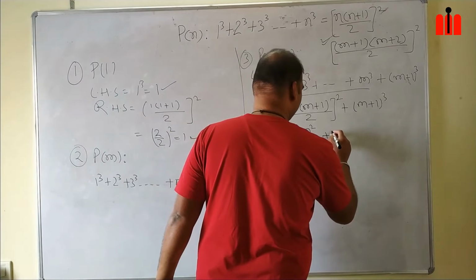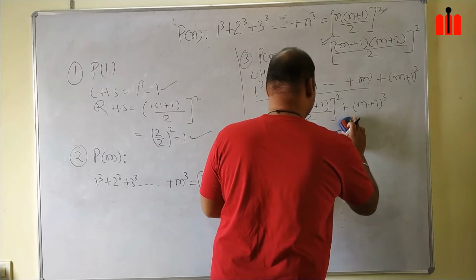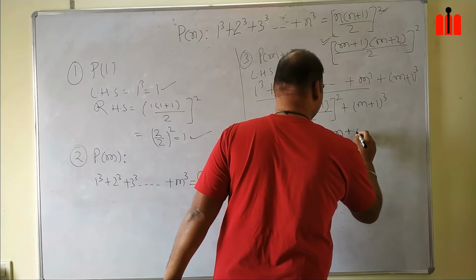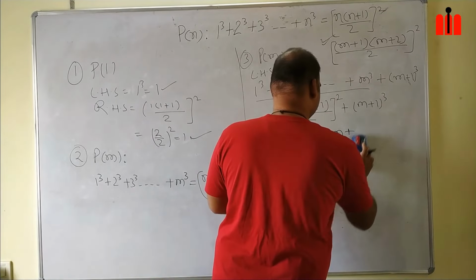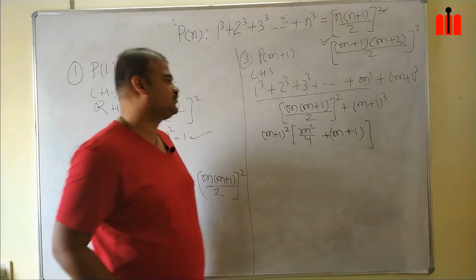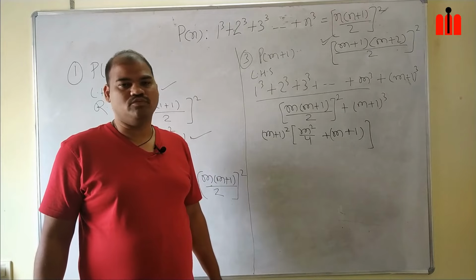And here you are left with m plus 1, as it is m plus 1 whole cube.